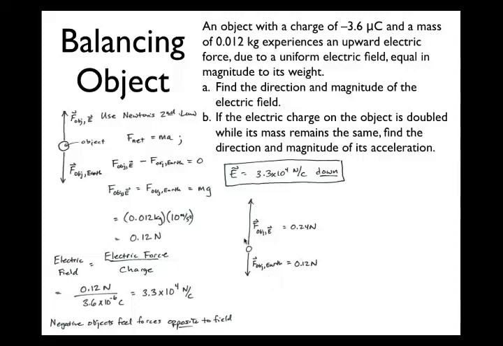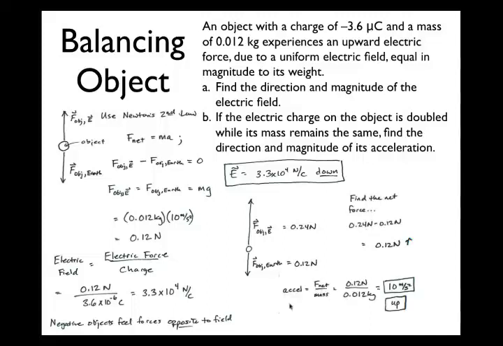So now we have a situation where there is a net force. The net force is the difference between those two forces, or 0.12 newtons up. And if we then apply Newton's second law to say the acceleration is equal to the net force divided by the mass, the net force up is 0.12 newtons, the mass is 0.012 kilograms. Again, that's math I can do in my head, and that acceleration is 10 meters per second squared.